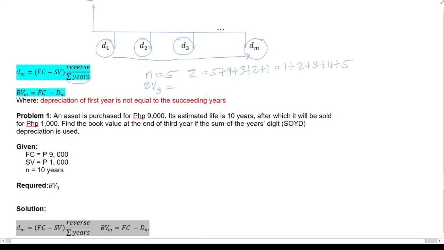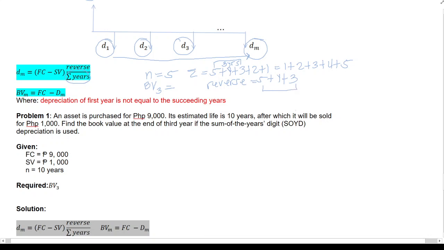And then for the book value, we choose the reverse, which is 5 plus 4 plus 3. That is in 3 years. That is the book value at 3 years.